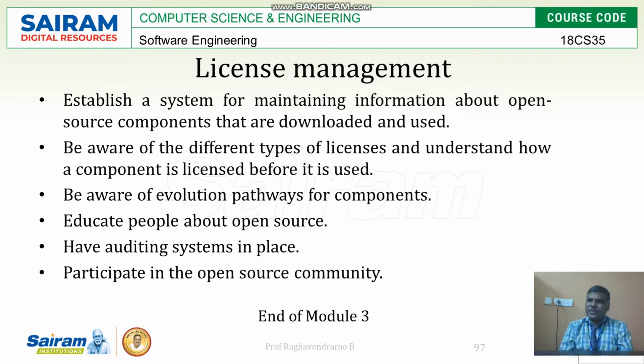If you accept that license, only then is the product activated, otherwise not. There are different types of licenses, and you should be aware of all of them. You should understand how a component is licensed before it is used.